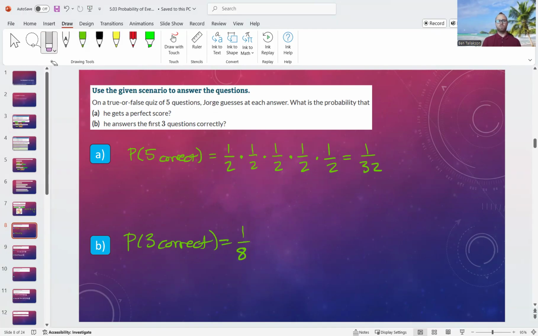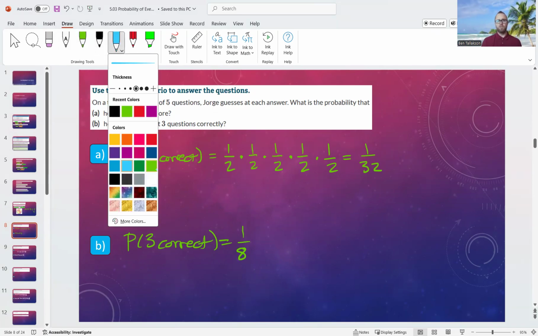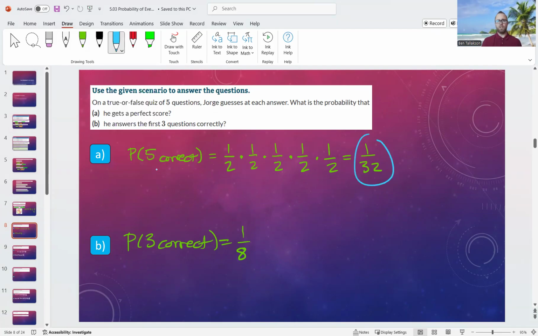Notice how rapidly the probabilities change. Do you think he should have studied? I'd say so, because the probability of getting all 5 correct is very, very low. If you divide that, that is 3.1%. Very low chance of getting all of them right.